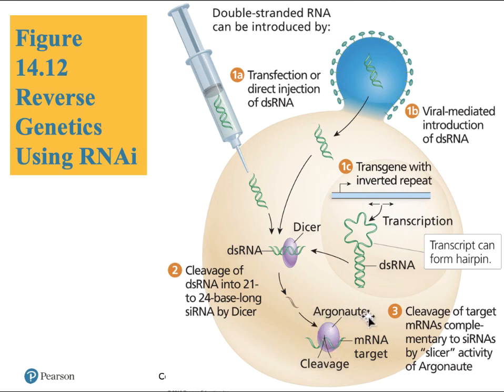Then the Argonaute protein associates with the single-stranded RNA fragment, and then it goes hunting. It goes hunting for anything that matches in the cytosol, anything that matches in terms of messenger RNA, the internal component that it carries. And once it finds a suitable match, then the messenger RNA is cleaved and degraded.